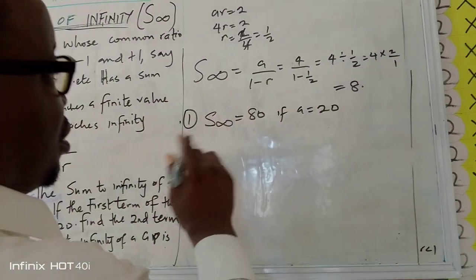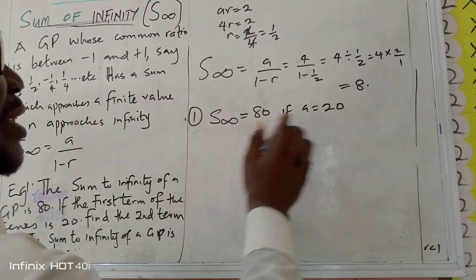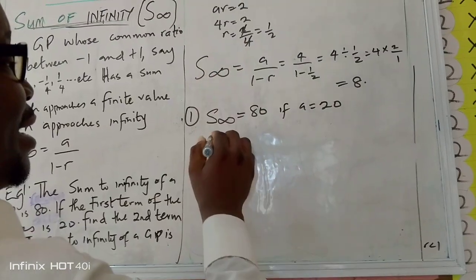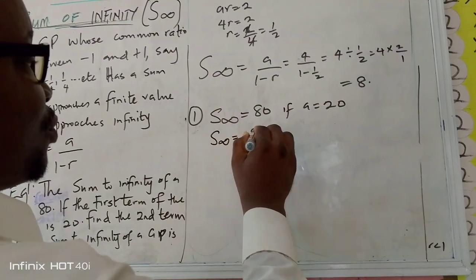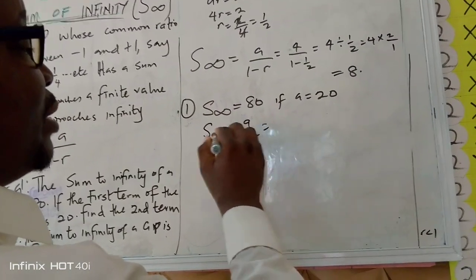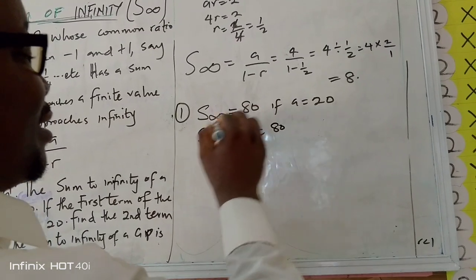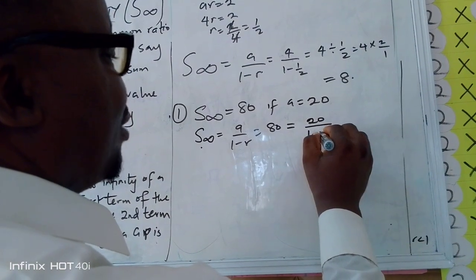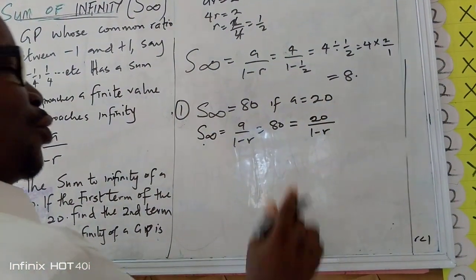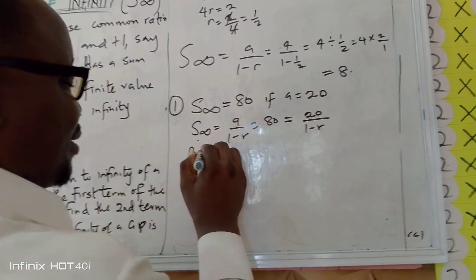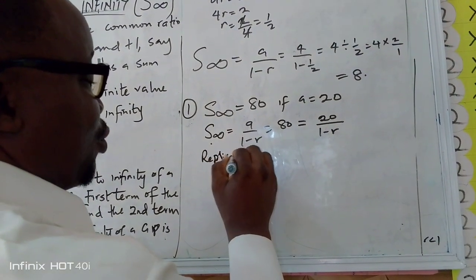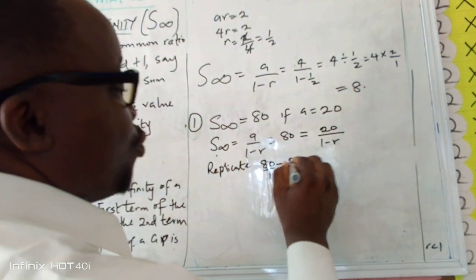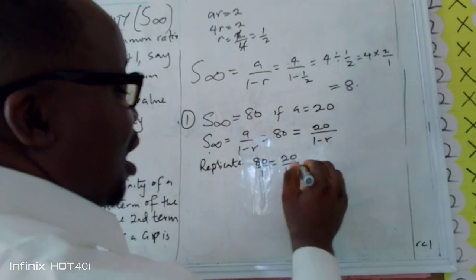We know the relationship that the sum to infinity has with a and r: S infinity is equal to a all over 1 minus r, which implies 80 is equal to 20 all over 1 minus r. So replicating both sides before I cross multiply, I say 80 over 1 is equal to 20 all over 1 minus r.